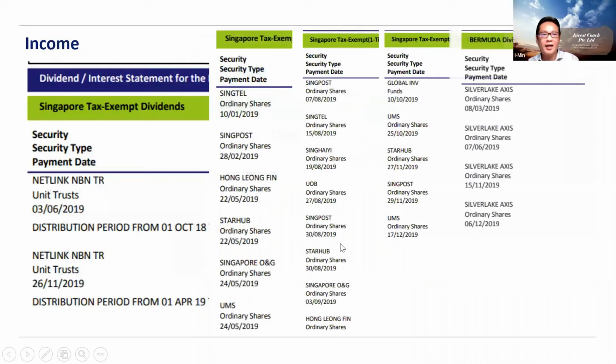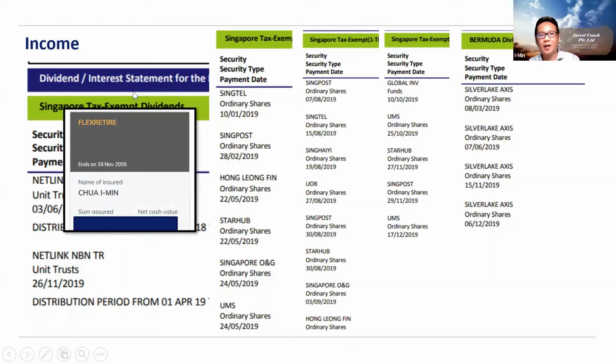Obviously, like I said, income generators are my main item in the portfolio. I'm getting dividends from my stocks and my REITs. This is an annual dividend you will get at the end of the year. Then my annuities: as you can see here, when I am 60 years old, they will start paying.